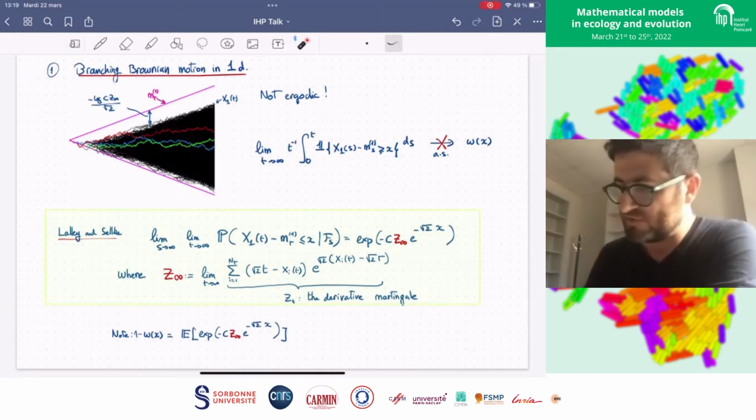What you see is that initially your particle is unlucky in the sense that it goes down very quickly and without branching for a long time. And so it builds up a lag here, or an advantage if you want, that it will never catch up.